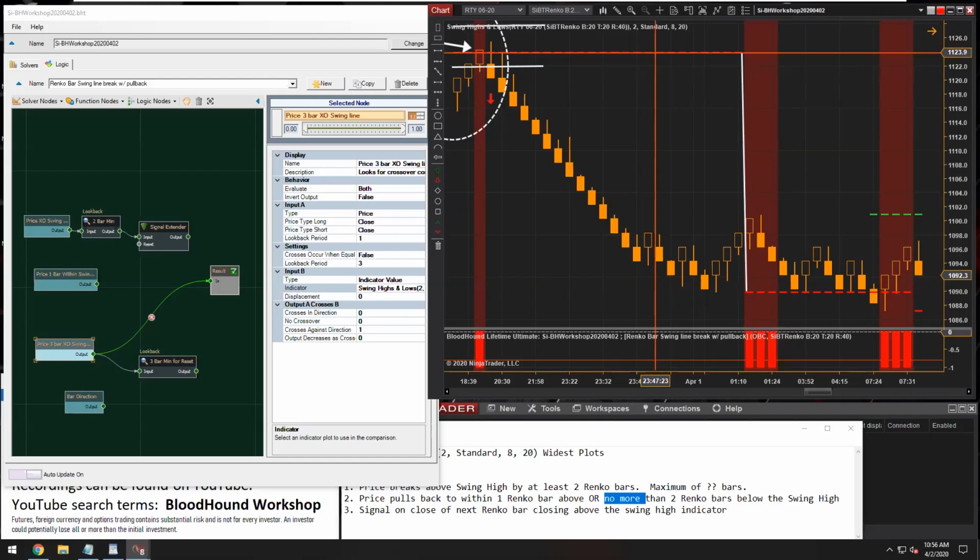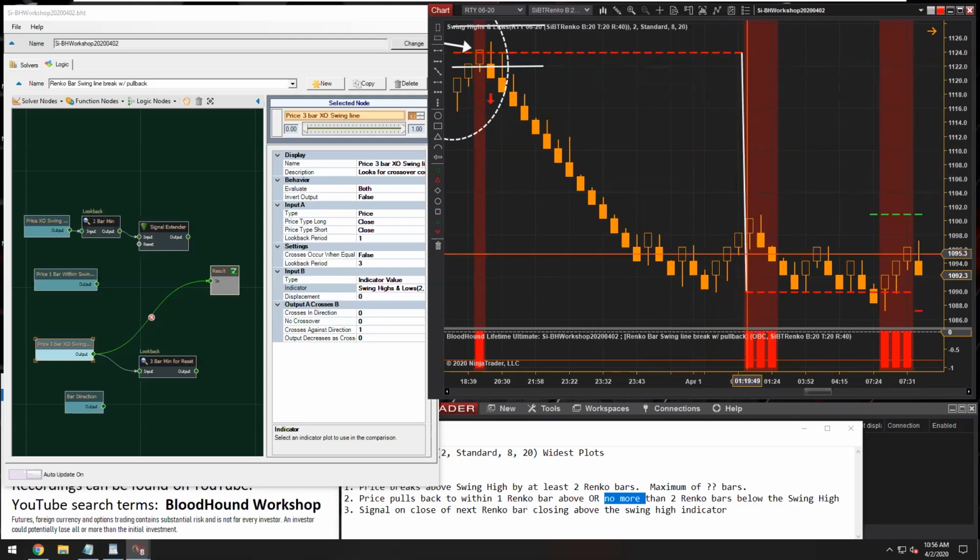So you've got to be mindful of your plot style. If our plot style was set to line, we would see a line drawing along, and then the line would draw down like that. So price actually did cross our swing line, right?